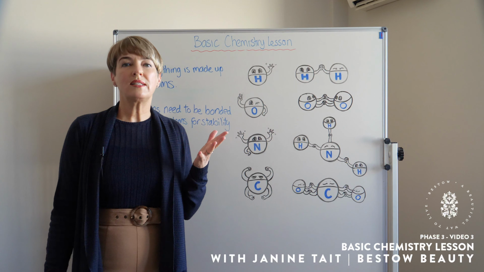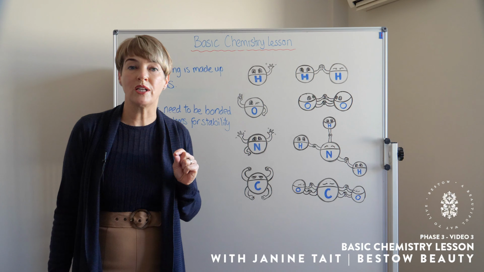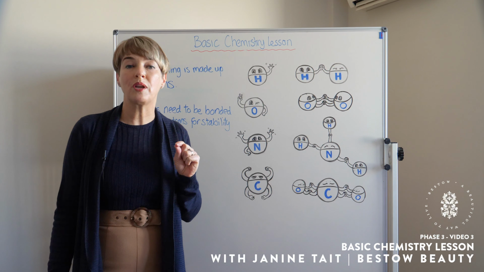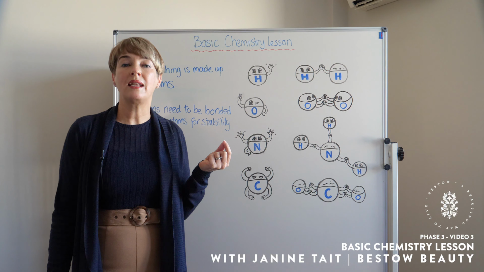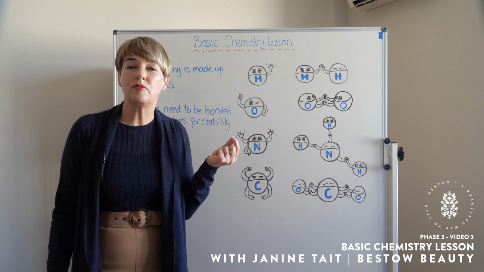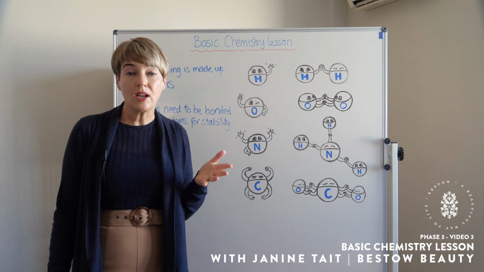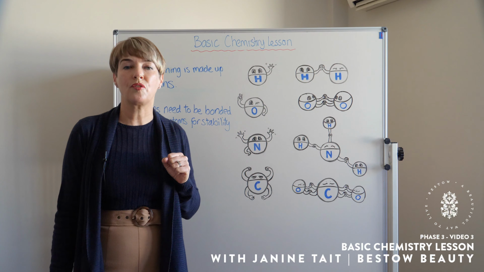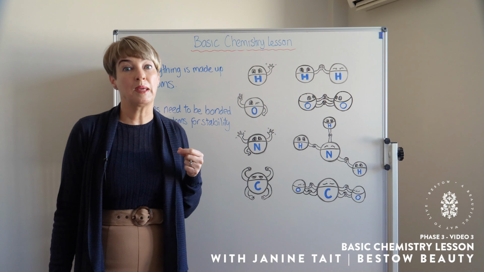So for example, the smallest atom known to man is hydrogen, and it has one proton and one electron. And the largest atom known to man is an element called lawrencium, and it has 103 protons, 103 neutrons and 103 electrons. And in the world of teeny weeny things, that is a big atom.